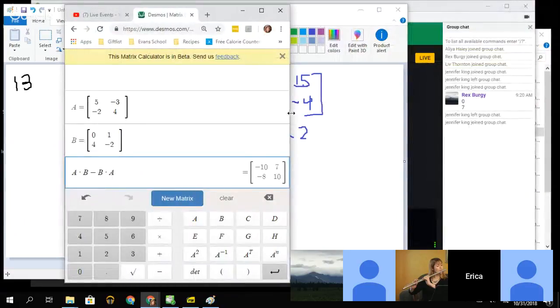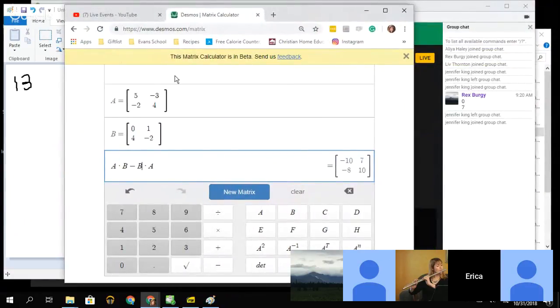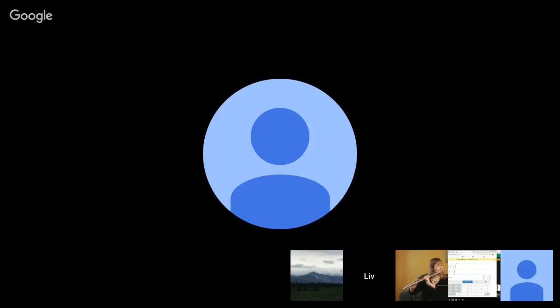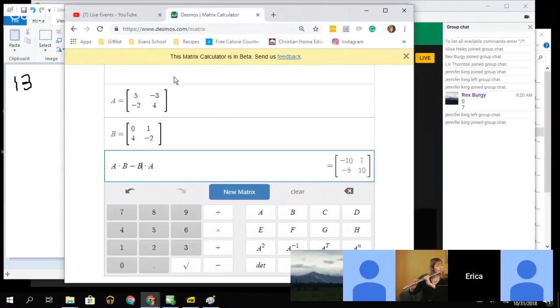Does everybody feel comfortable using some kind of a matrix calculator, whether it be Desmos or your TI, to calculate? Everybody else feel comfortable?